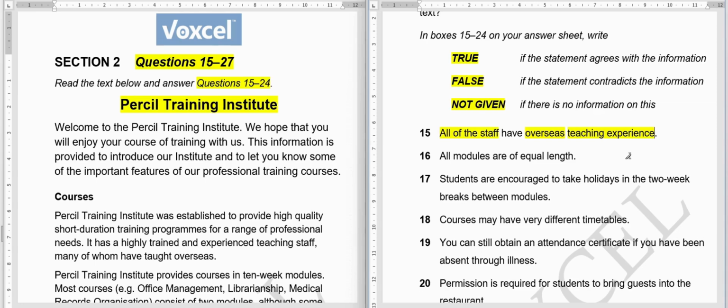And the answer will be false when even one member of the staff doesn't have overseas experience, like there are 100 staff members and 99 have overseas experience, but even if one of the members doesn't have it, the answer to this question will be false. And it will be not given when we don't know whether all people have overseas experience or whether some people or even one doesn't have overseas experience, when there is no information like this, we will say not given. Let's read the paragraph now.